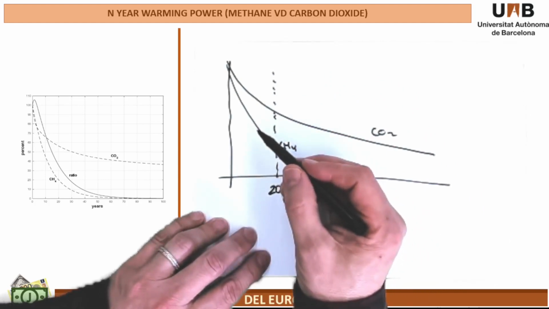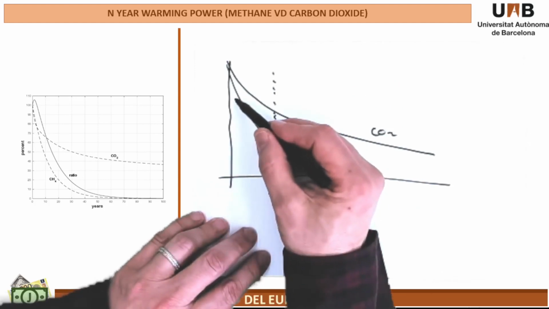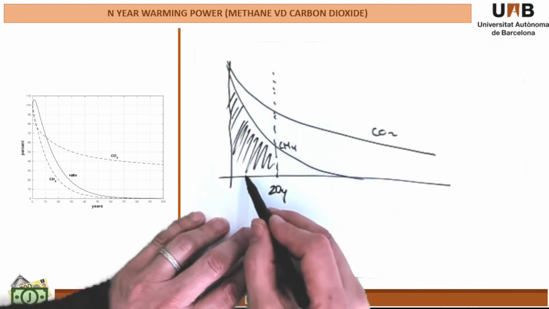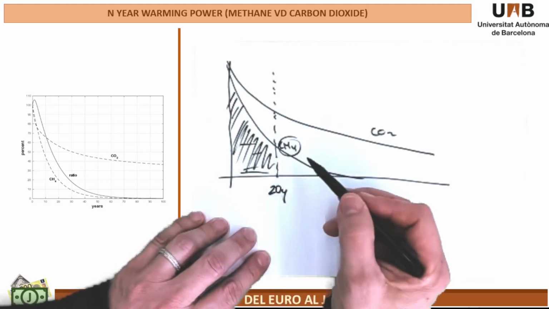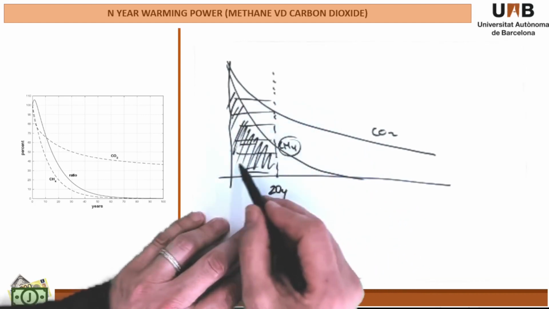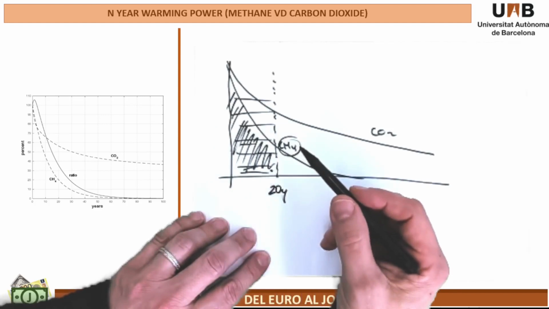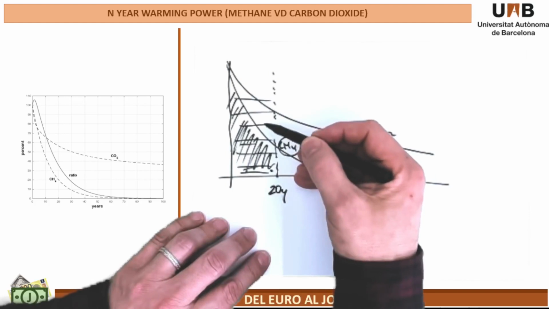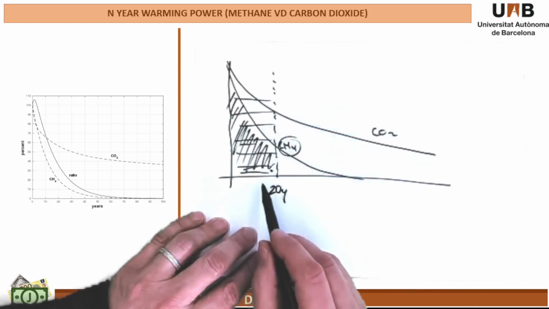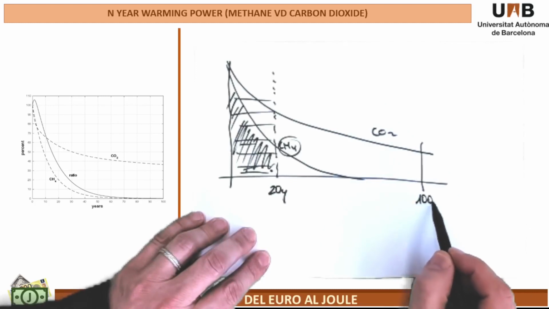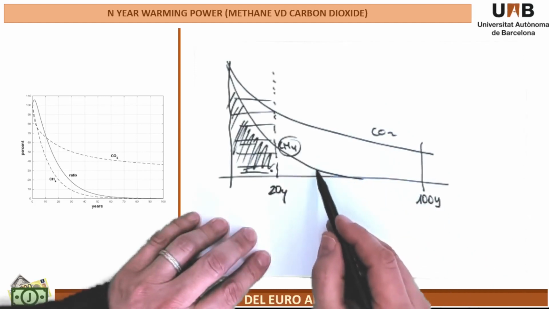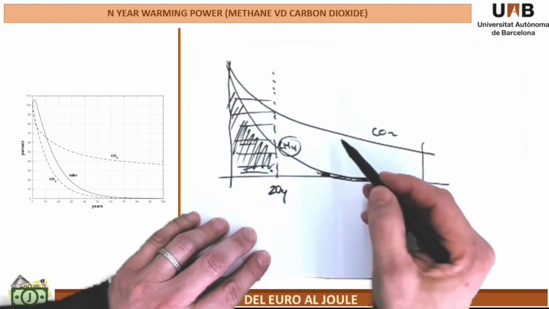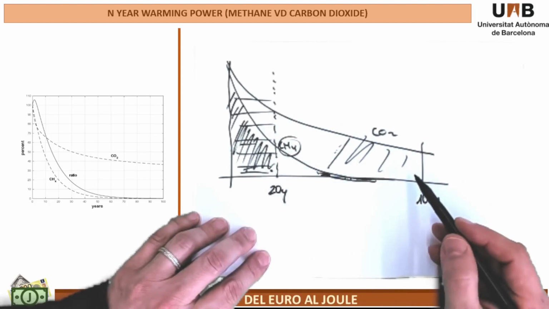We can obtain an average value by analyzing the area of this plot of CH4 compared with the area of CO2 and multiplying the warming potential by the fraction of this value. If we do it, for example, at 100 years, you will see that in this case methane will be completely absorbed, and that at the end you will have CO2.